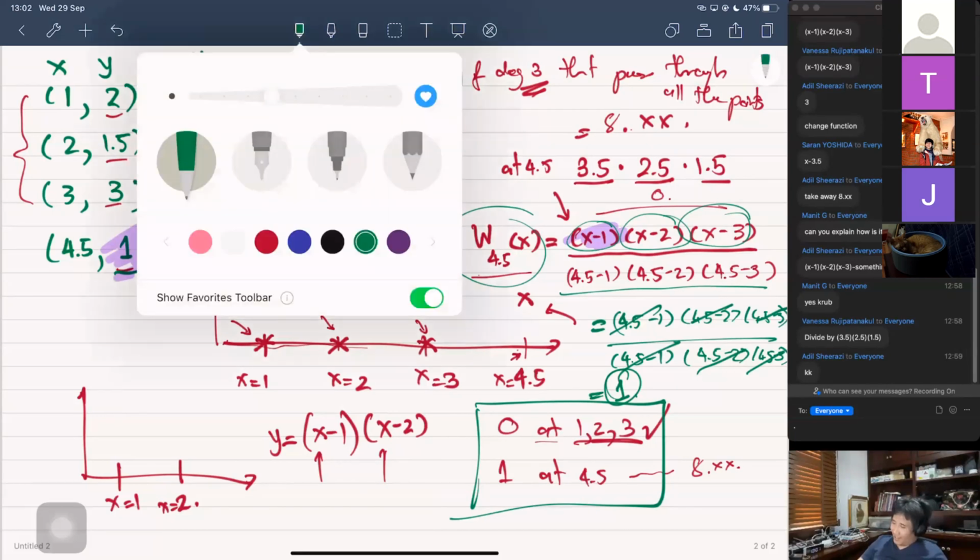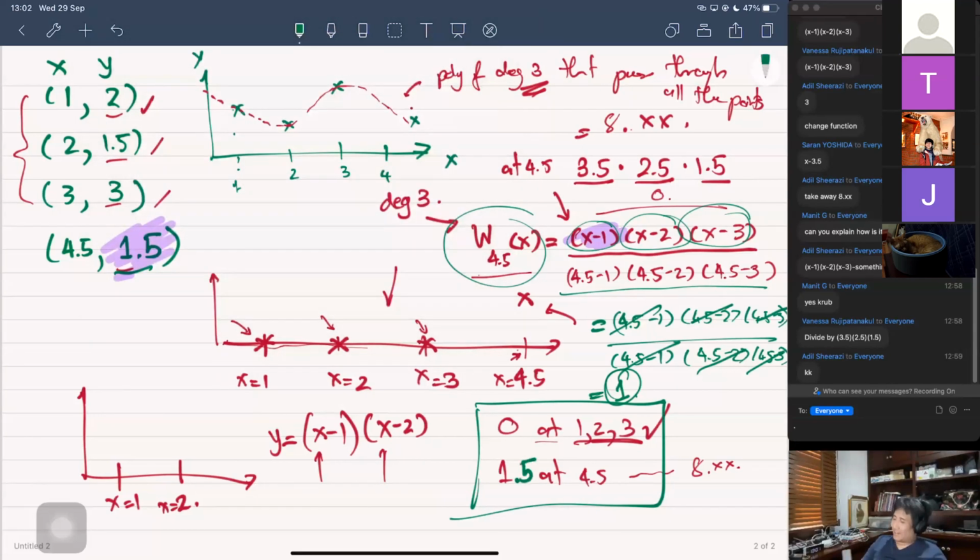So I want the function to be 1.5 at 4.5. What would you do? How would you fix it? What we had already is really close. How do I fix it? Any good idea?